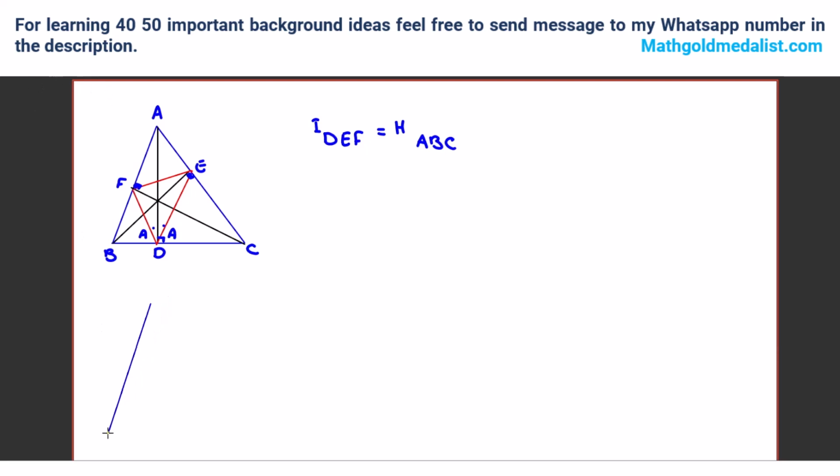Suppose that we have 3 points, and from these 3 points we draw 3 perpendiculars. For example, something like this.